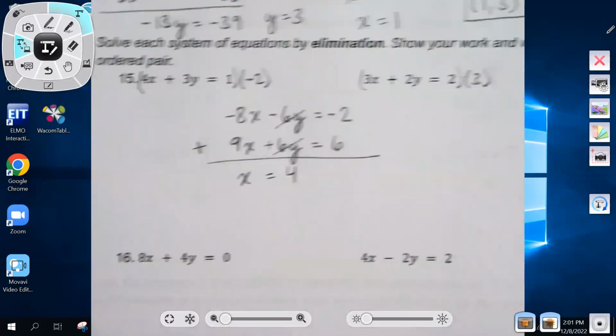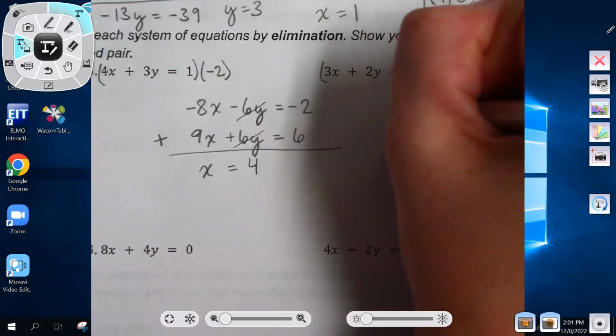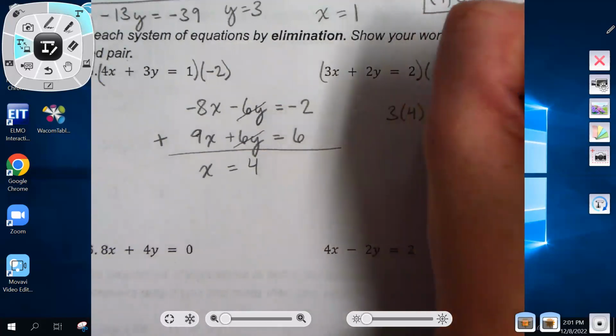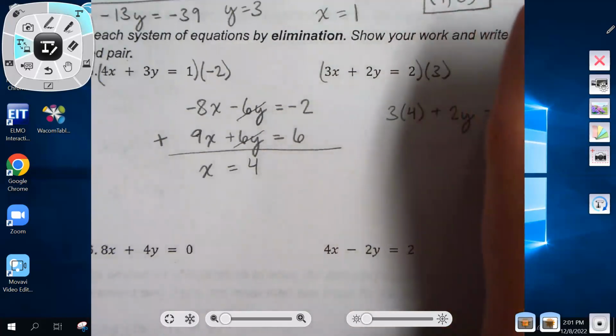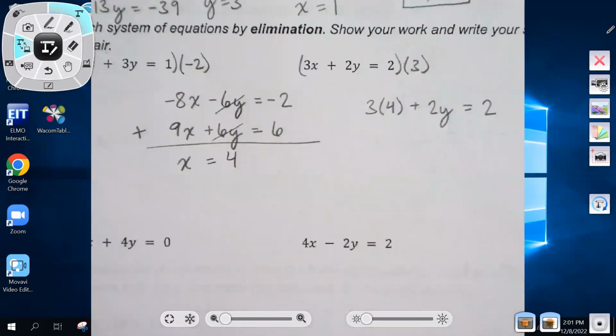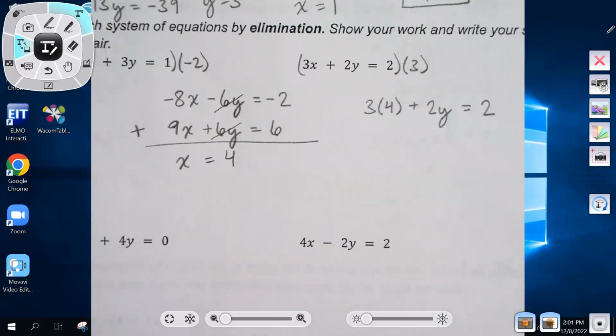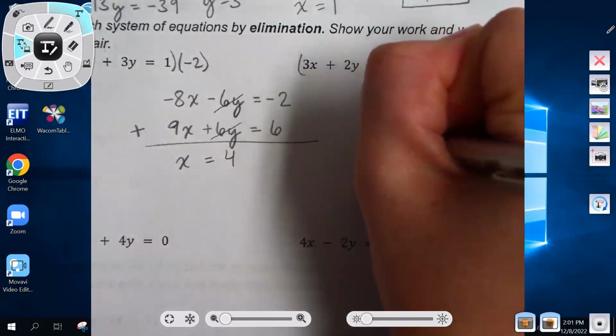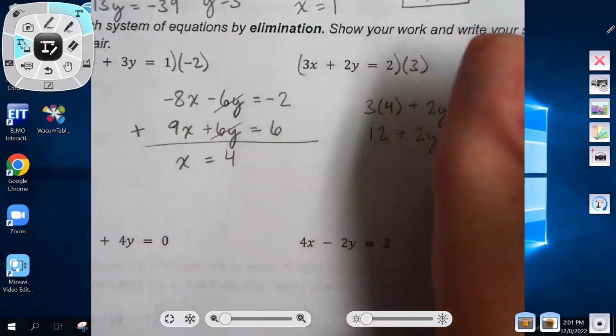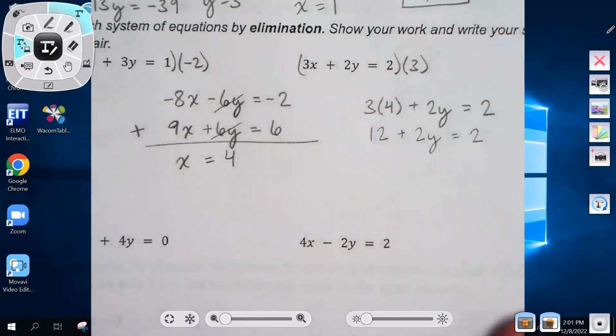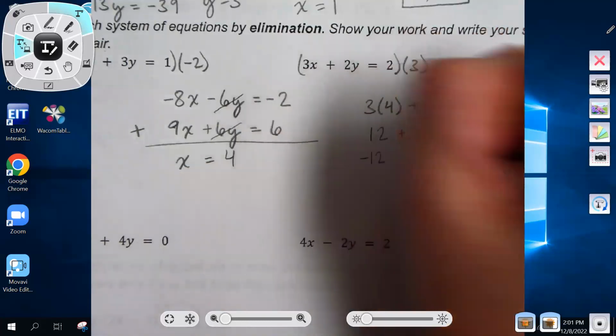So I'm just going to use the second equation. We've got 3x, so we know x is 4, plus 2y equals 2. So that's 12 plus 2y equals 2. Subtract 12 from both sides.